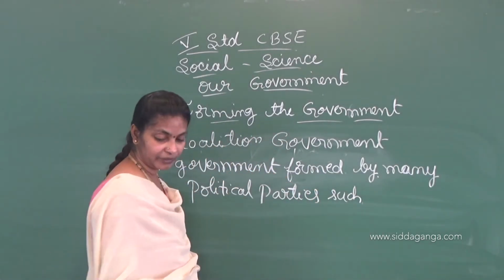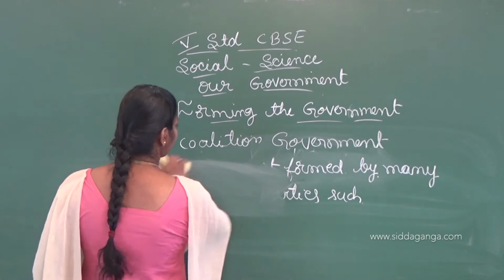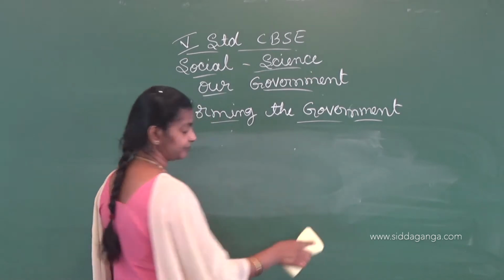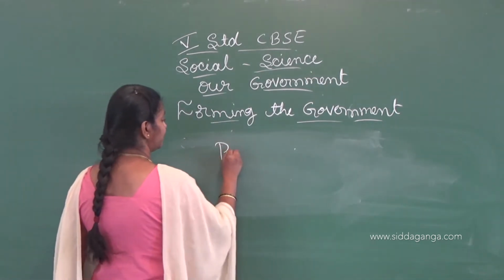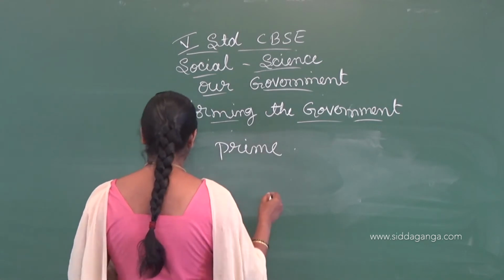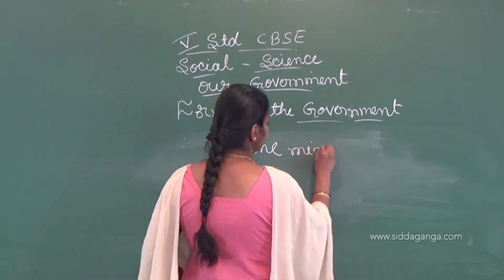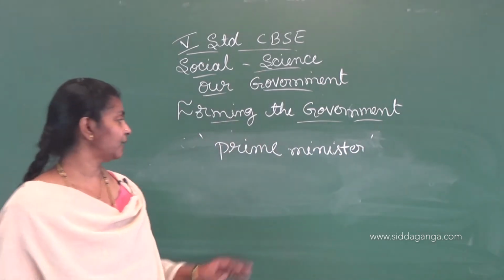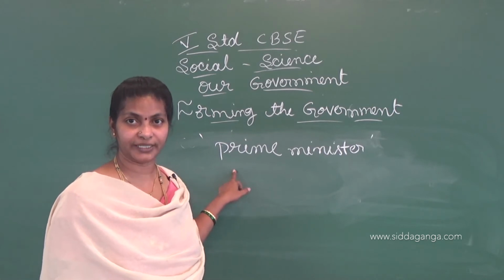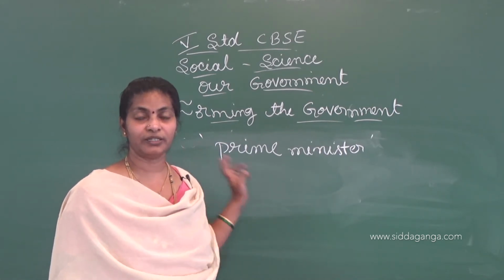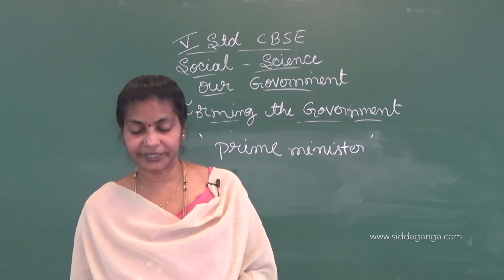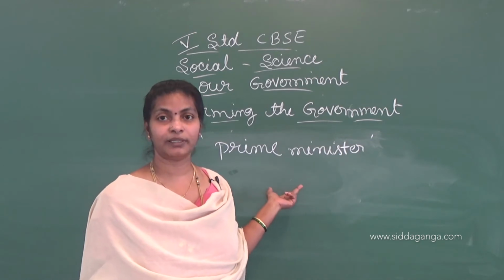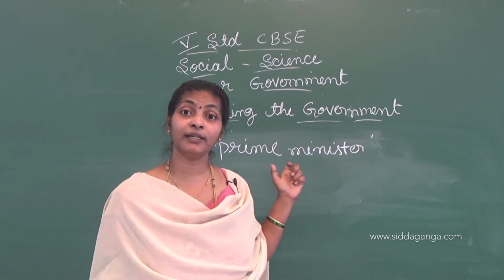How was the prime minister appointed by the president? The president of India invites the majority party to form the government at the center level.